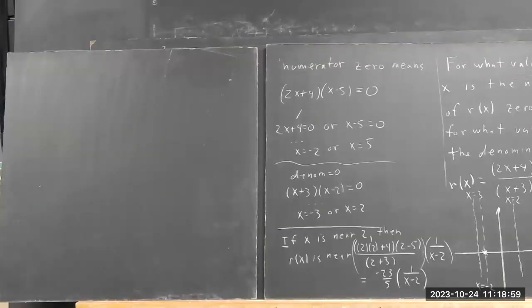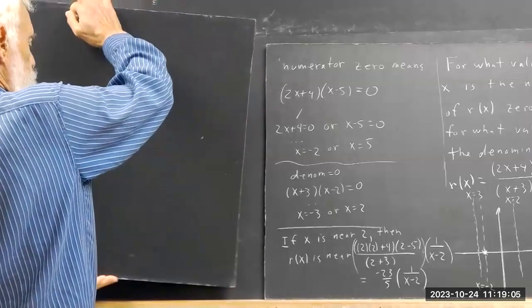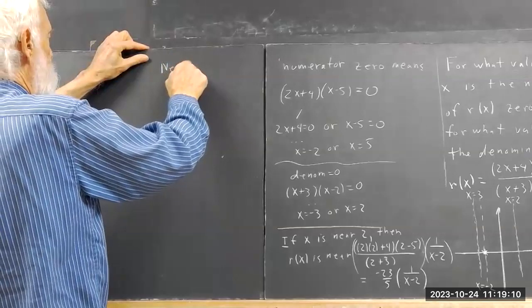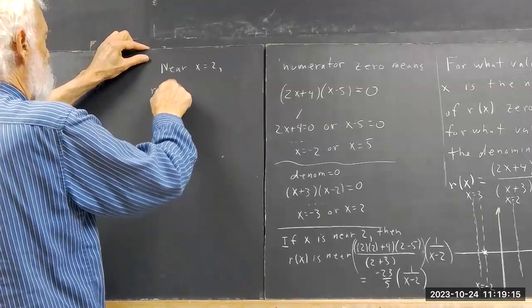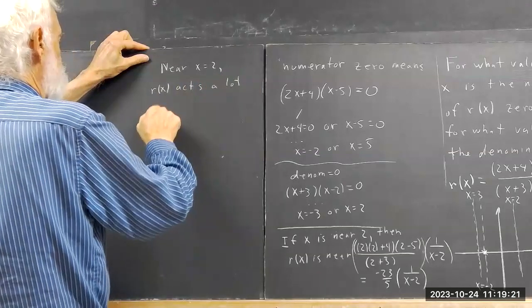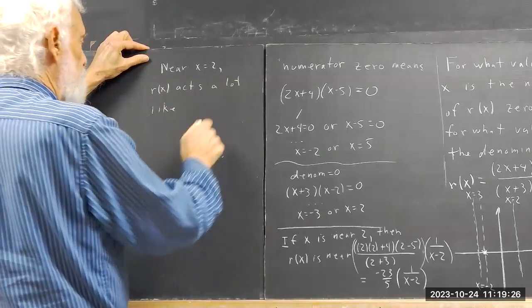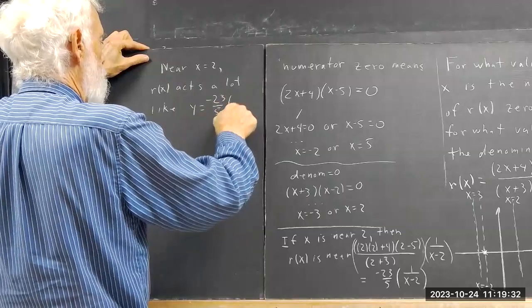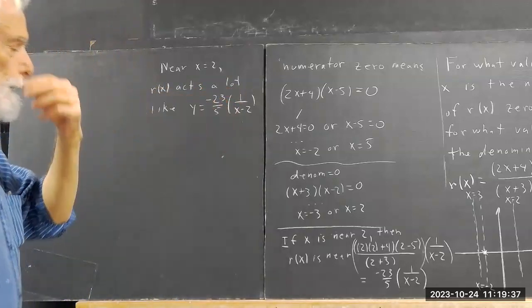Okay, so we come to the conclusion that near x equals 2, r of x acts a lot like -23/5 times 1 over x minus 2.